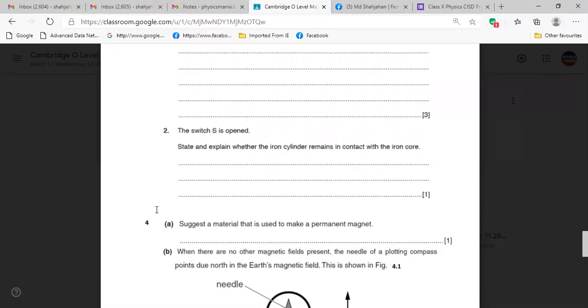The switch S is open, right? State and explain whether the iron cylinder remains in contact with the iron core. No, as the iron core loses its magnetism. Excellent, excellent.